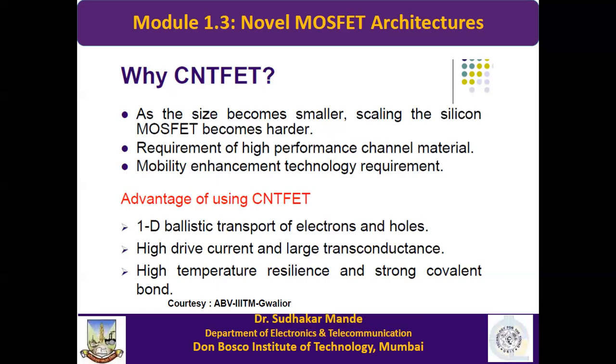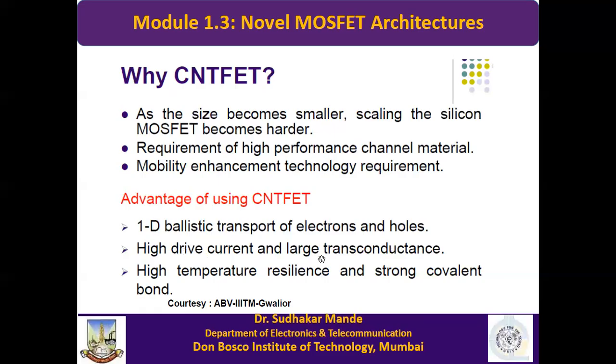In that, the velocity of charged particles like holes and electrons becomes very high at some particular voltage or particular field, even beyond velocity saturation. When that ballistic effect is there, those high velocity electrons are collected by the drain, and therefore CNT FET will give better performance as compared to normal MOSFET.